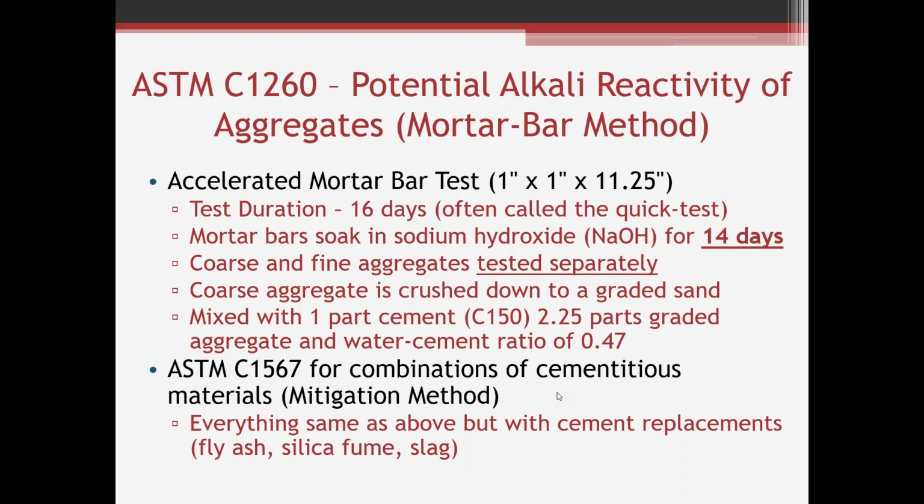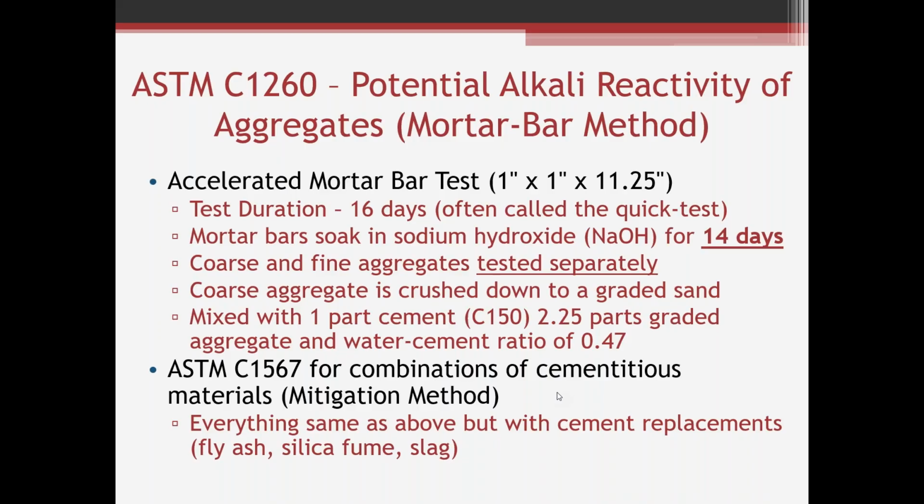The biggest difference is you're replacing the cement with some other cementitious material, fly ash, silica fume, slag, something like that. That's used to check how well the fly ash, silica fume, slag, whatever, is mitigating the ASR expansion.